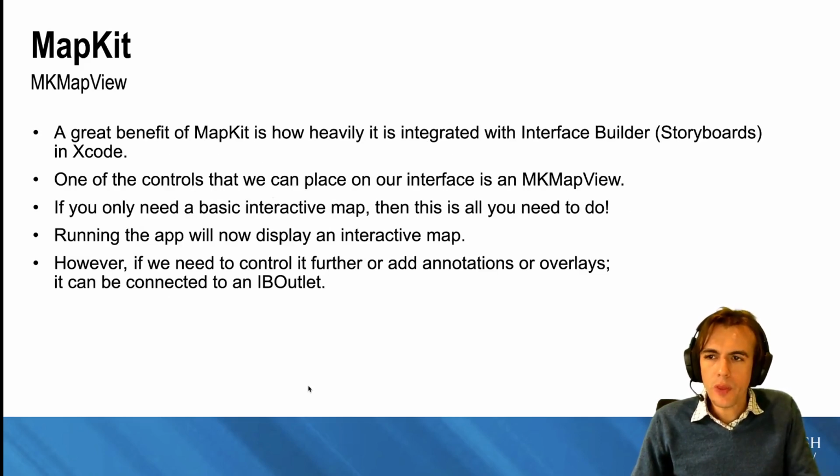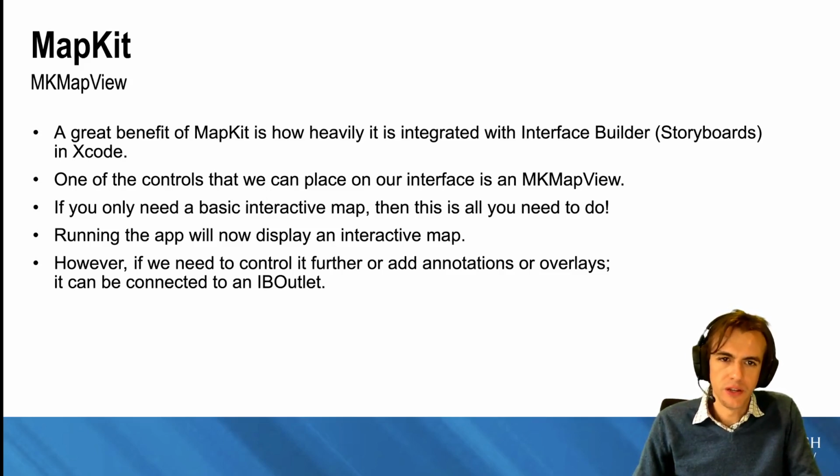One of the benefits of MapKit, and particularly MKMapView, is its integration with Interface Builder and storyboards. You can just drag and drop an MKMapView onto your storyboard, and if all you need is a basic interactive map, then that's literally all you have to do. Drag it on there, run the app, and you'll have an interactive map.